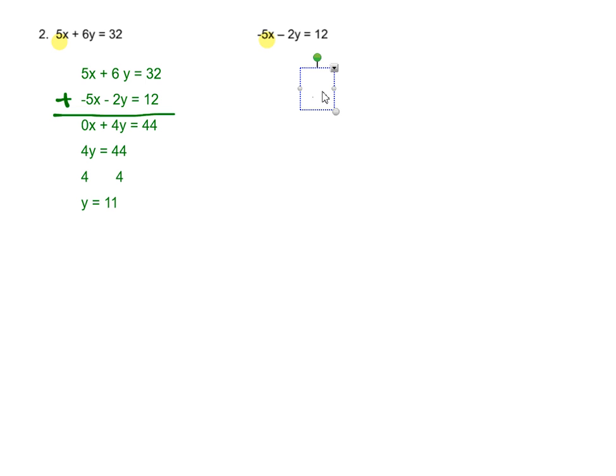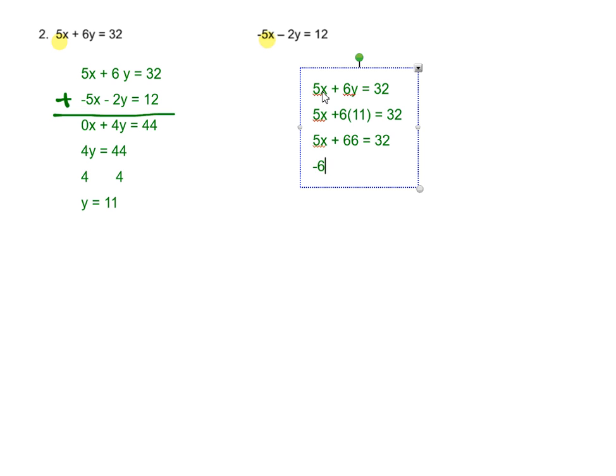So I'm going to go with 5x plus 6y is equal to 32. And I'm going to sub in a 5x plus 6 times 11 equals 32. 5x plus 66 equals 32.